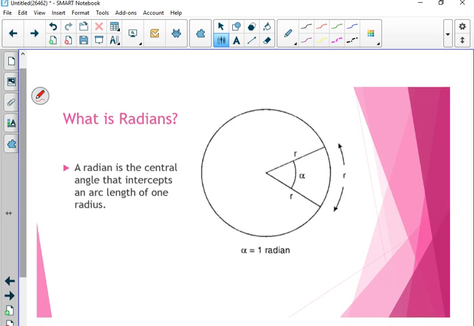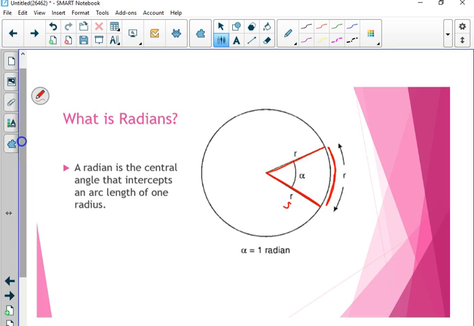Okay? So let's see what an actual radian is. A radian is the central angle that intercepts an arc length of 1 radius. So here's a radius right here, right? Let's say it's 5 inches. Well, this central angle with the same radius, this measurement of this arc length is also 5, for example.